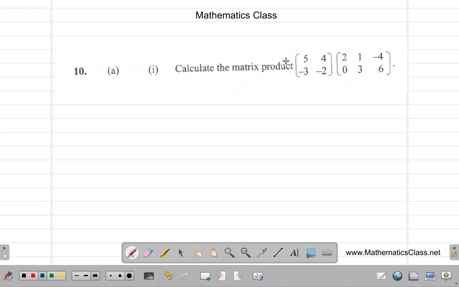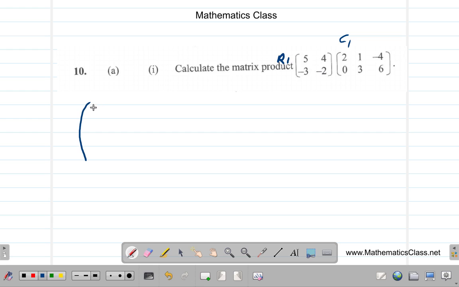If I have row 1, I'm going to call this R1, times column 1, column 1 of this. You see? So I'm going to put the answer right here.